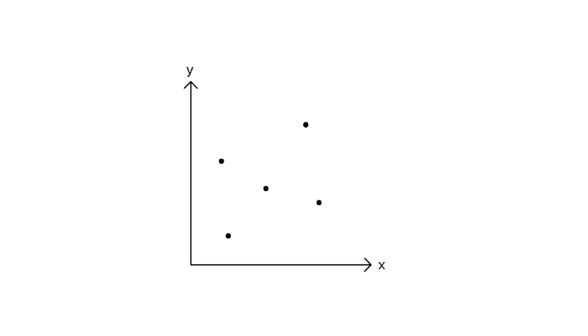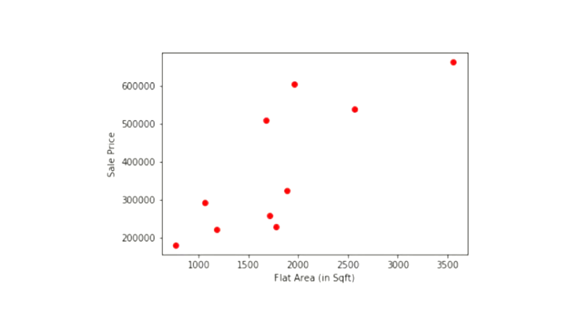So far, we have been visualizing correlation between two variables using a scatter plot. As you may recall, the scatter plot between flat area and sale price.